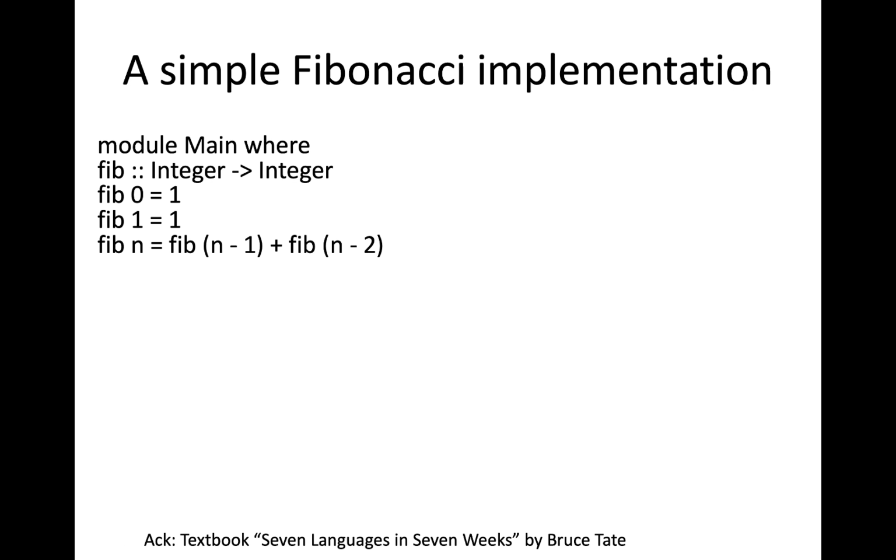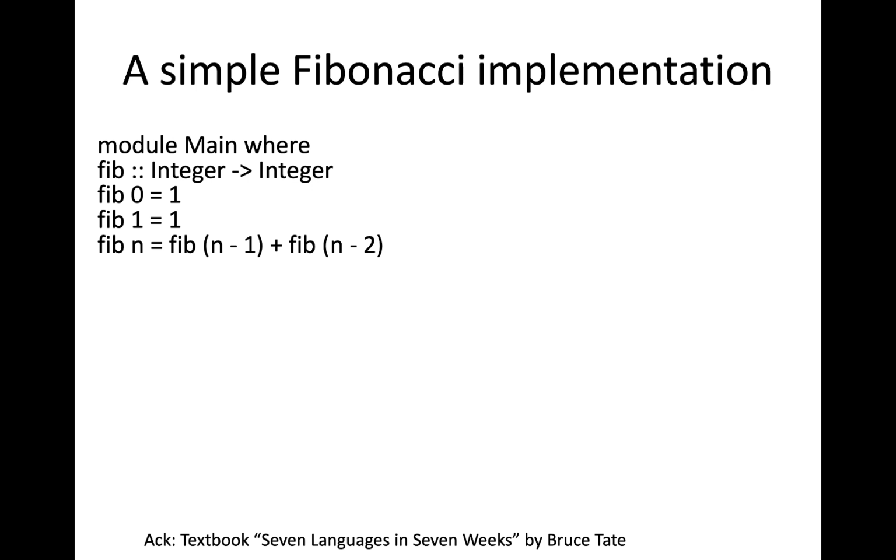Now we can also try to implement Fibonacci in Haskell, and there we are using pattern matching. So fib 0 is 1, fib 1 is 1, and otherwise we have fib n minus 1 plus fib n minus 2.